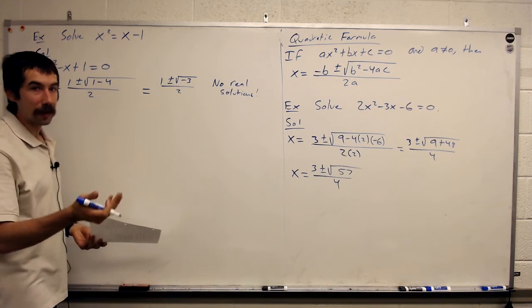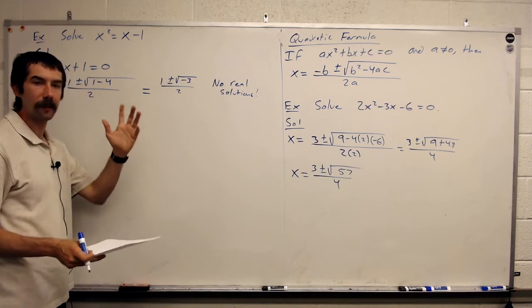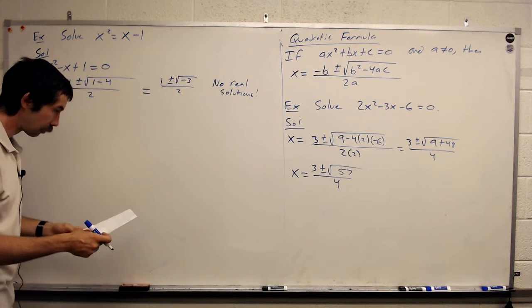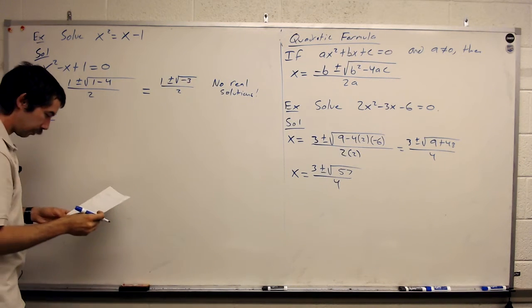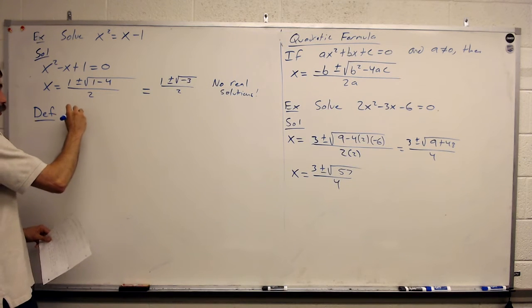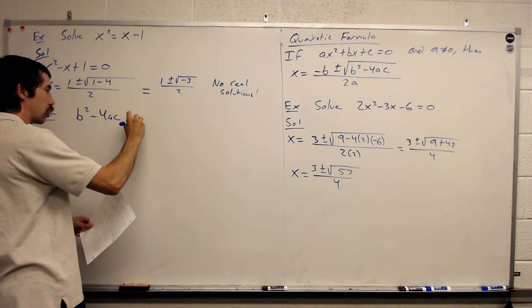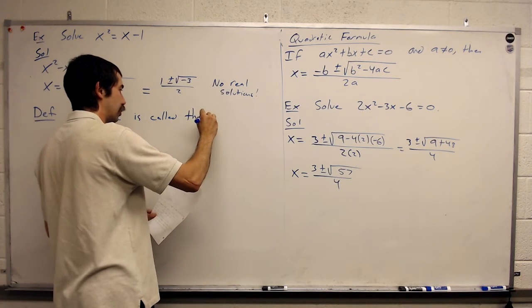And in general, it's actually pretty easy to tell if we're going to be in the case where we have 2 solutions, 1 solution, or no solutions. So this value, b squared minus 4ac, is called the discriminant.